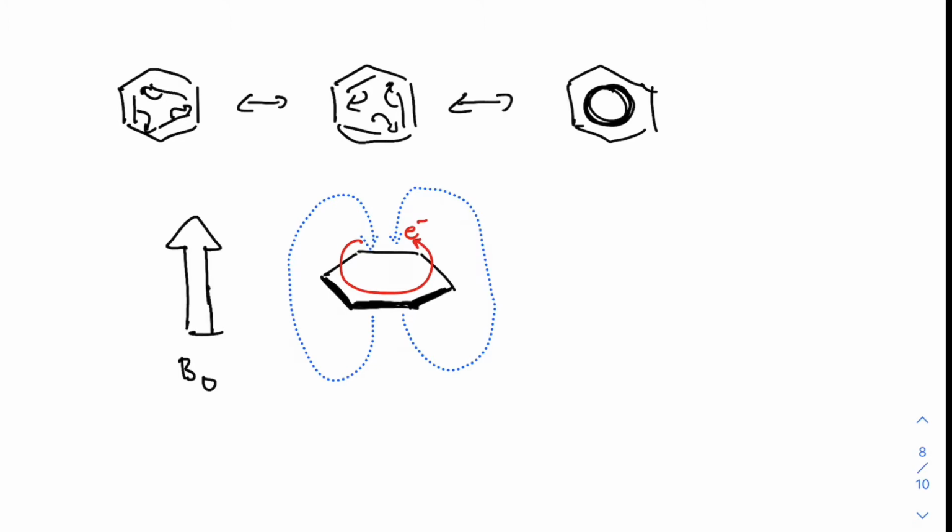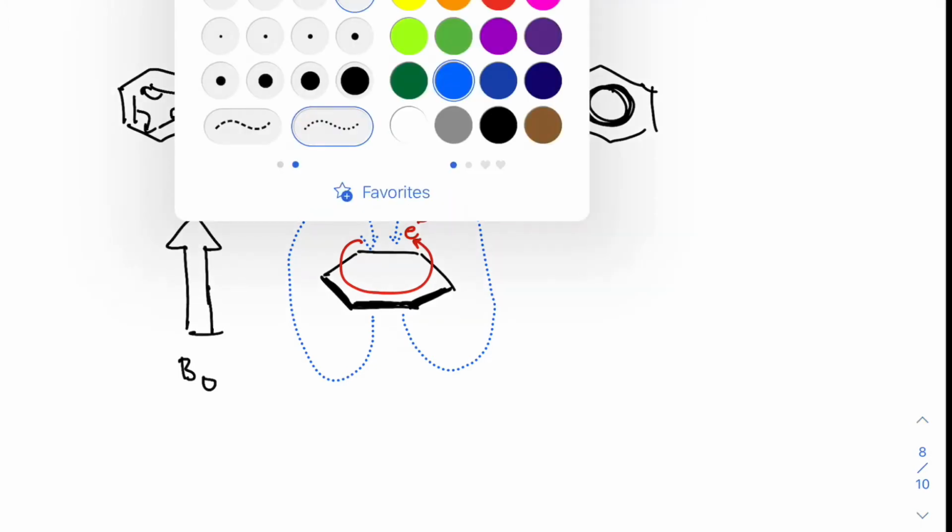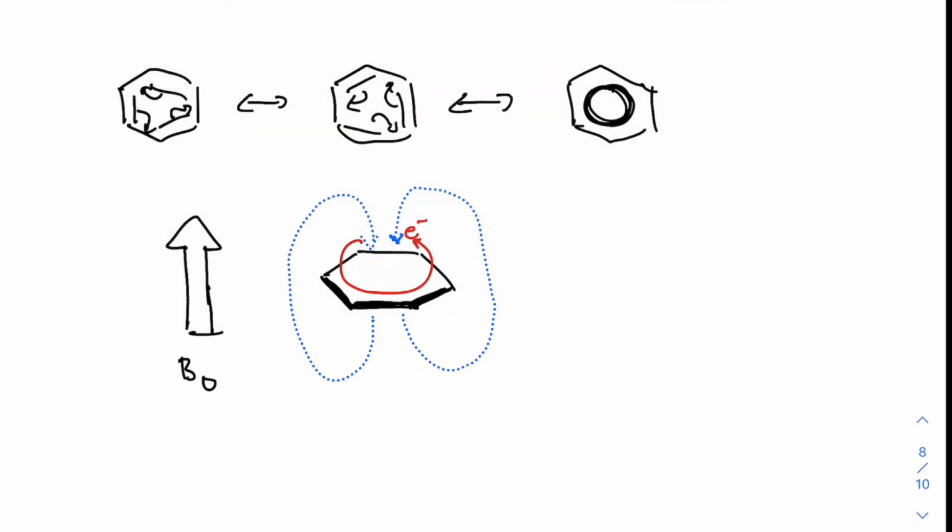On the right side, it's in a counterclockwise motion, and then on the left side, it's in a clockwise motion. That way they're both heading more or less in the same direction when they come down this center, right?